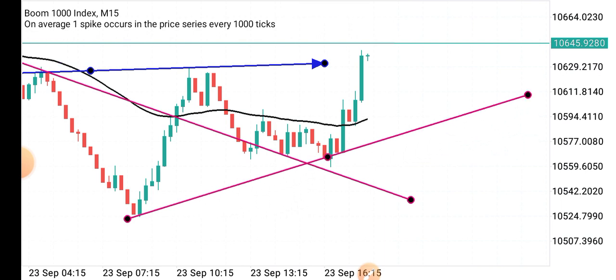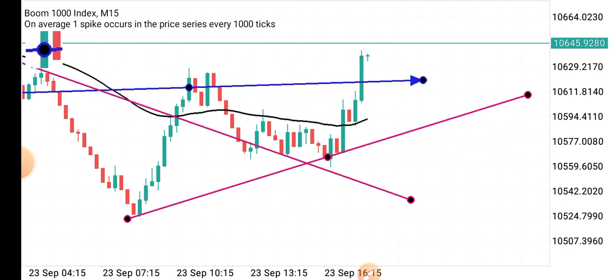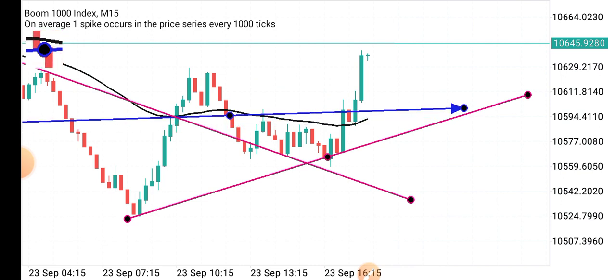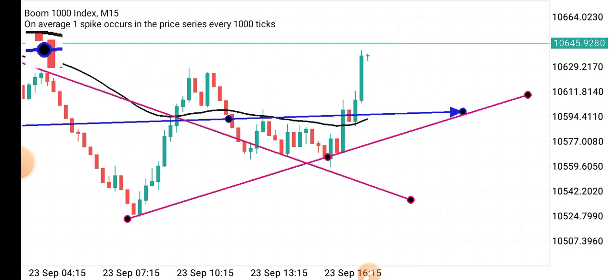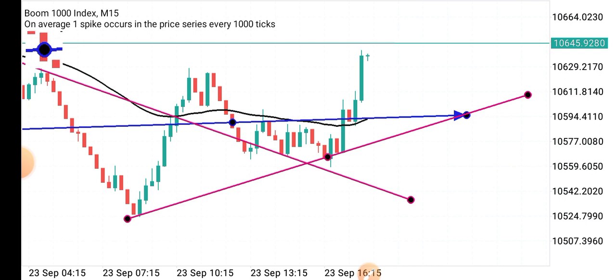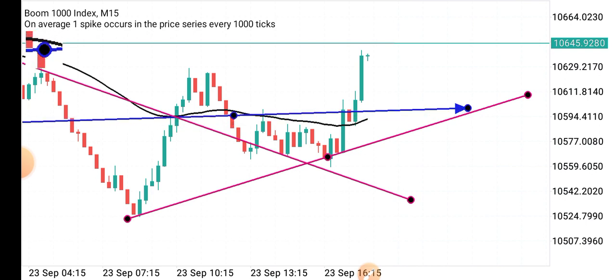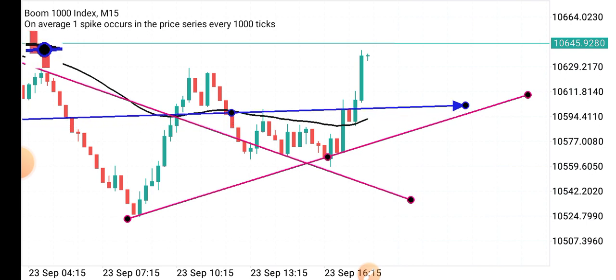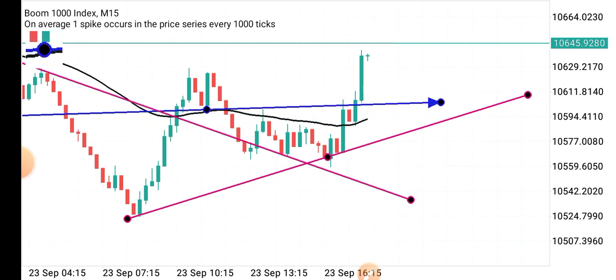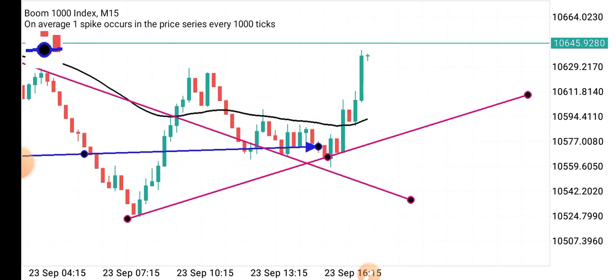If price gets back to this trend line, I look at the reaction of the price. If it hits this line and tries to reverse and gives maybe a bullish engulfing candlestick pattern, then I'll enter a trade to buy, to catch spikes.